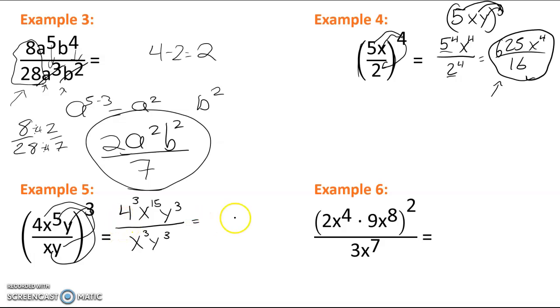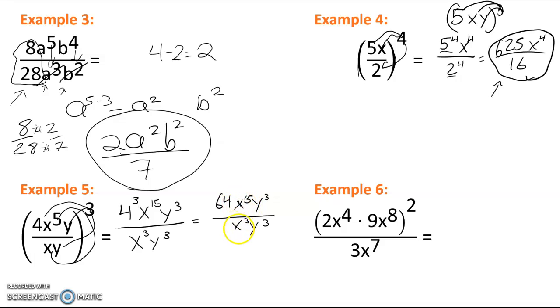Now, I'm going to go ahead and simplify out that 4 to the 3rd power, which is 64. So x to the 15, y to the 3rd, still on top, over x cubed, y cubed. There's nothing on the bottom here that I can simplify 64 with, so 64 is going to remain the same.